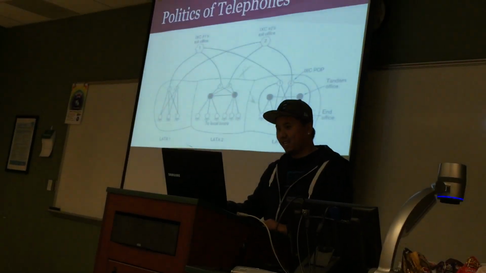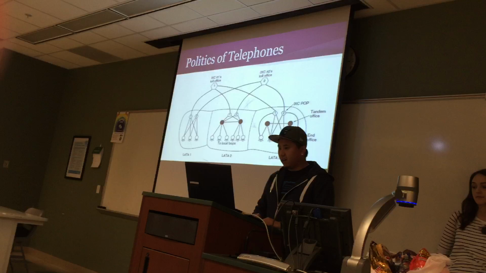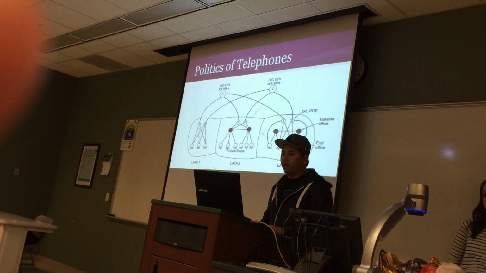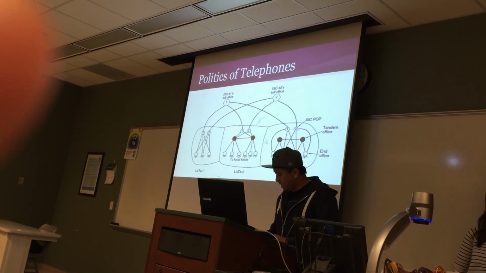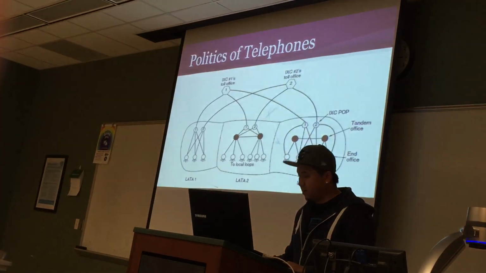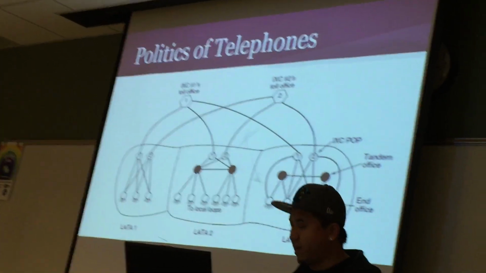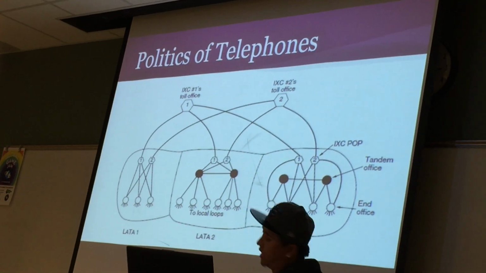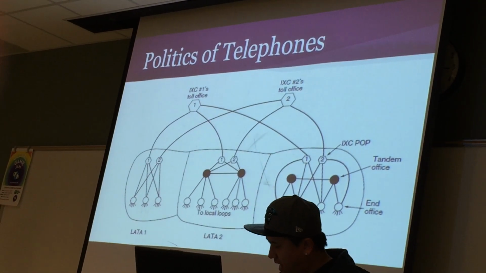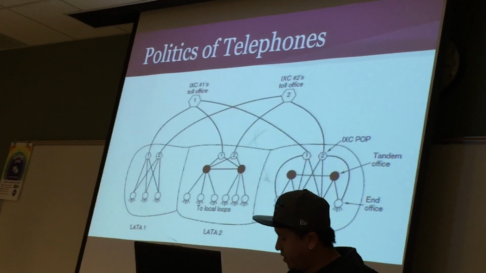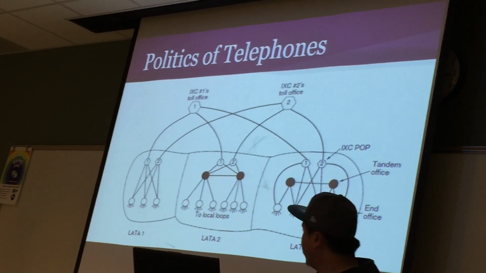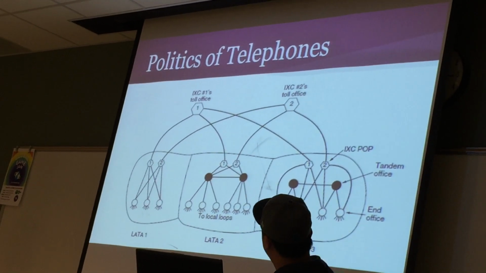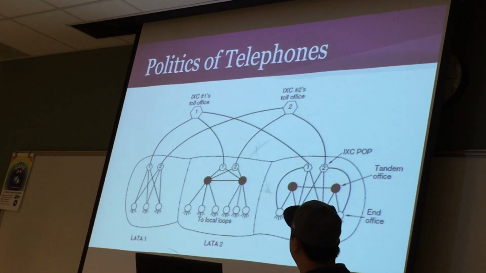I wasn't the one who made that up, but it was in the book. This is a diagram showing how it was broken up into what was called 164 local access transport areas, and within each area, it had its own local exchange carrier, basically independent telephone companies, as you can see represented in these little diagrams.